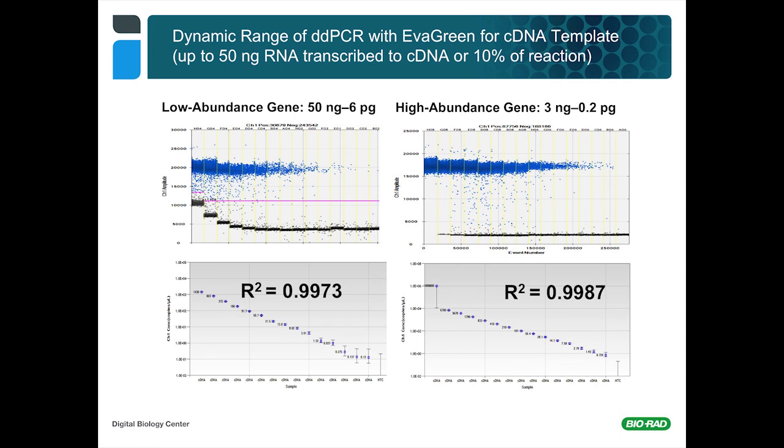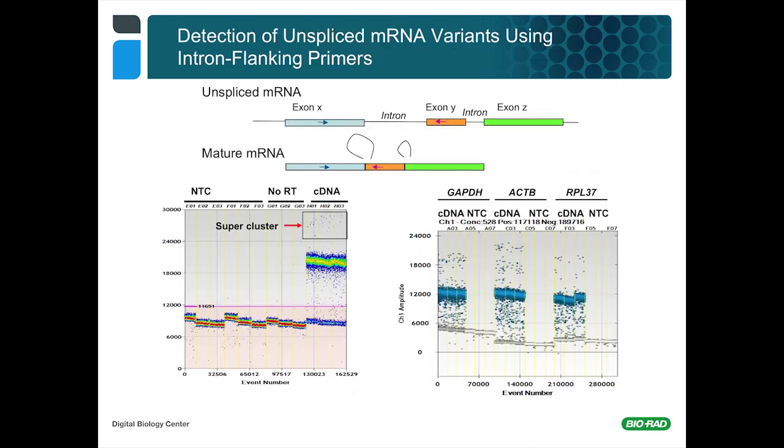And I want to leave with a last point about the use of the EvaGreen dye, is that it's actually enabled us to see some things that were not readily available earlier when we were using TaqMan probes. This slide shows you how we were able to actually detect simultaneously and quantitate immature unspliced RNAs, which we refer to as a supercluster in the panel on the left, at the same time as we're able to quantitate the lower amplitude predominant mature RNA due to differences in the size of those amplicons, and thus differences in the dye binding, resulting in differences in the amplitude.